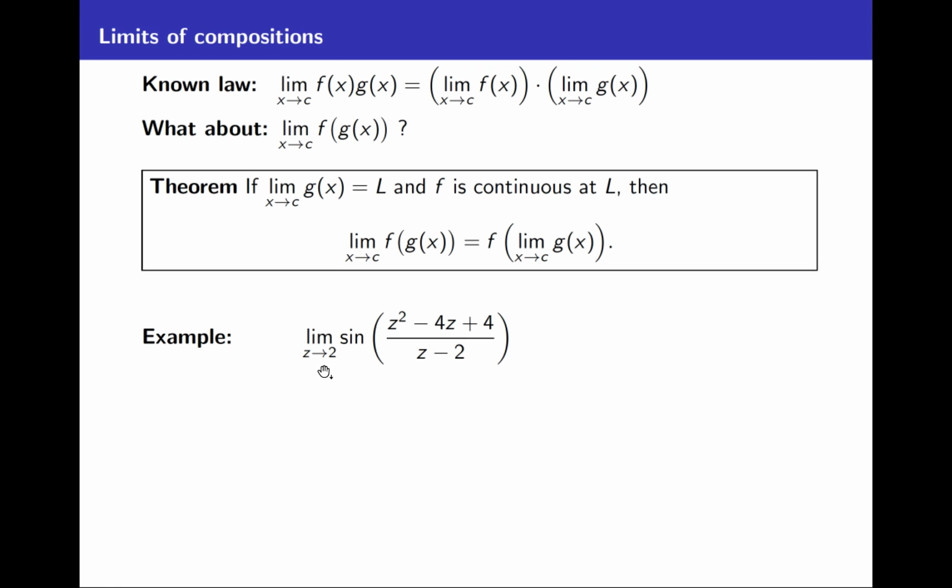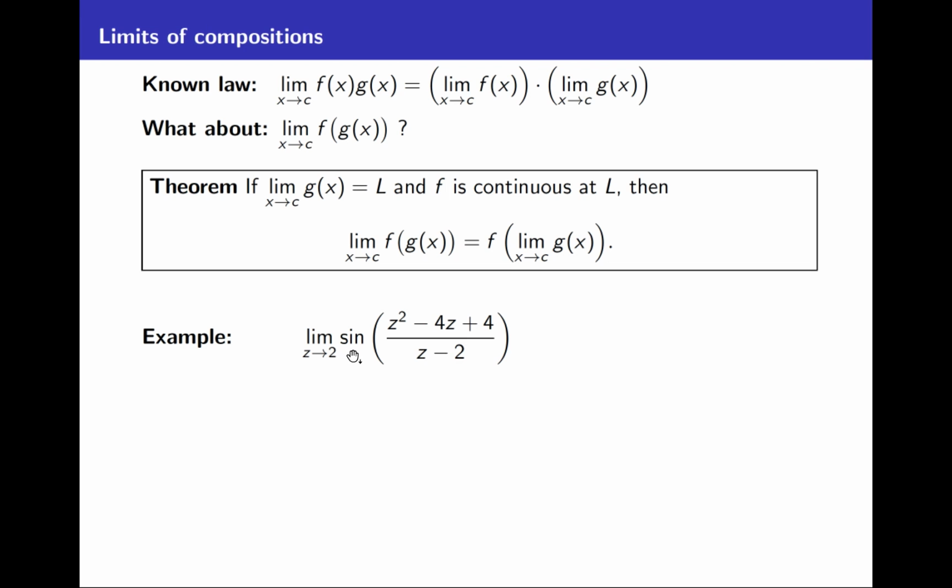For example, the limit as z approaches 2 of sine of (z squared minus 4z plus 4) all over (z minus 2). This is a limit of a composition, sine of a complex function. We're taking this rational function and plugging it into sine.